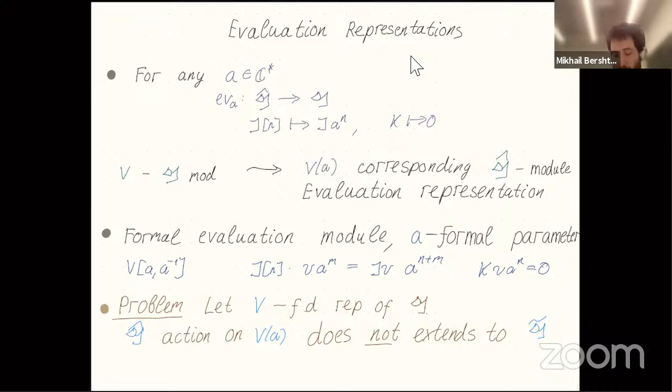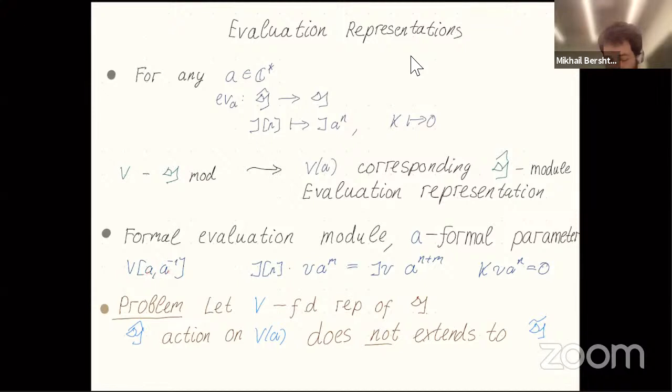There is a close but slightly different way to talk about the evaluation representation. We can consider a not as a complex number, but as a formal parameter. So our vector space will be the space of Laurent polynomials in a and a inverse.